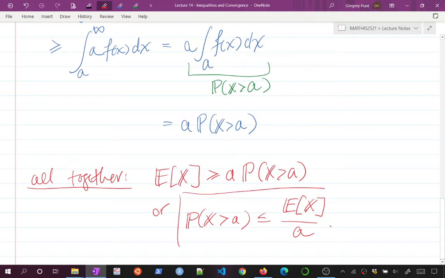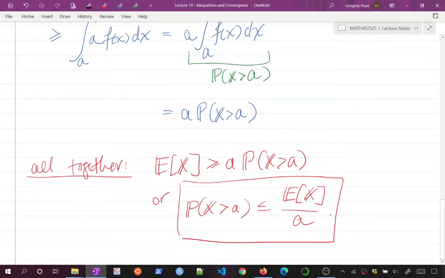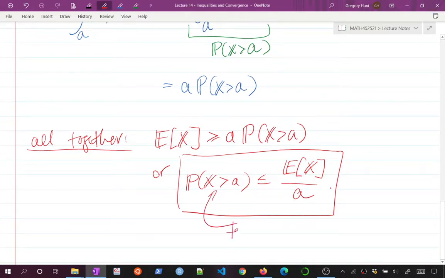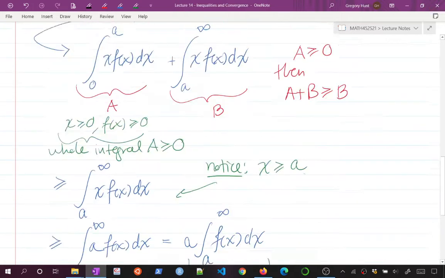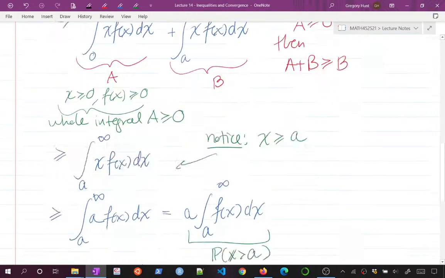And that's what I wanted to show. So that's what we call Markov's inequality. And it's a way of bounding what we call a tail probability here.